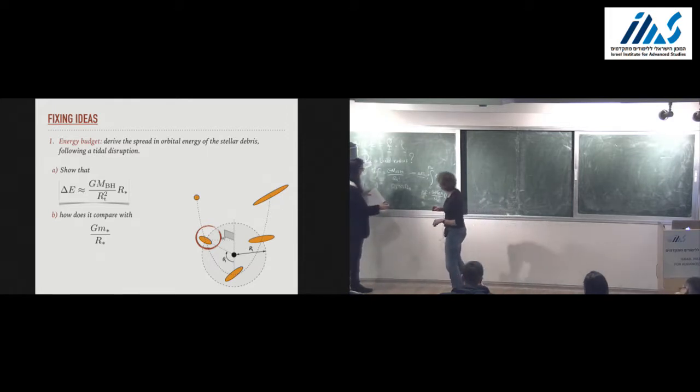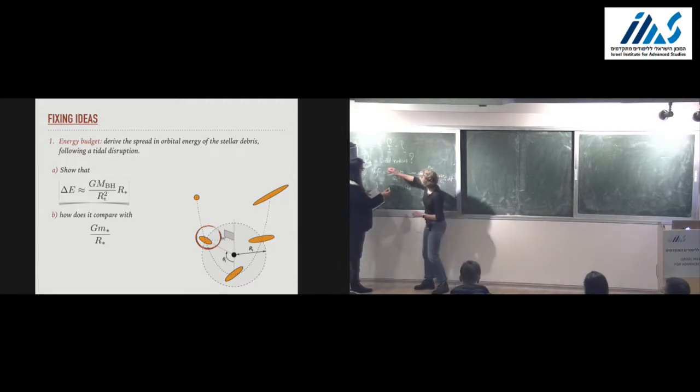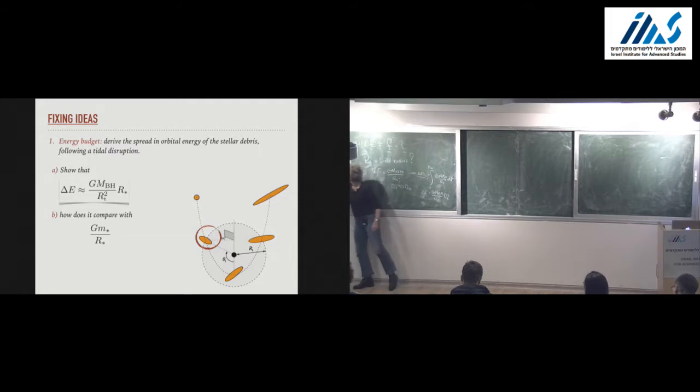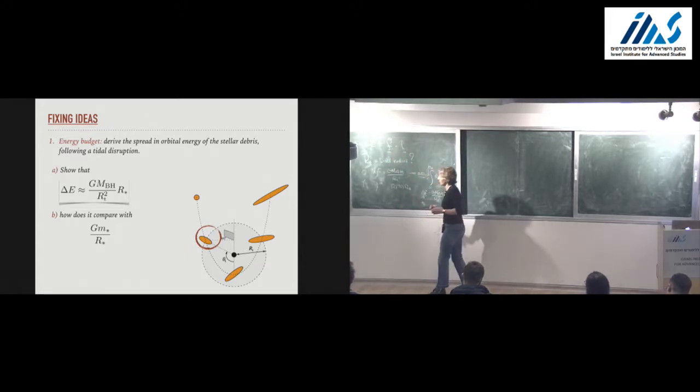Okay. I want to break this down. In the star, if I want to write just force times length, with a single typical length and the force that is doing the job, not differentially but globally.